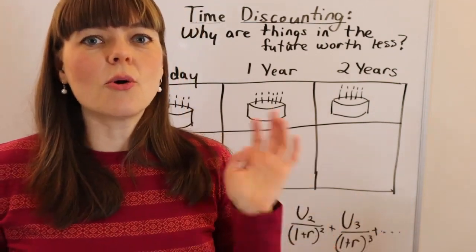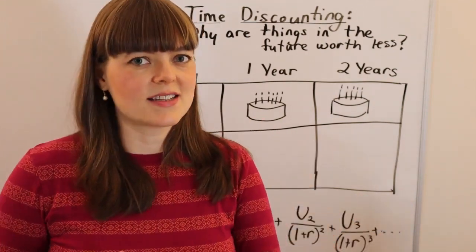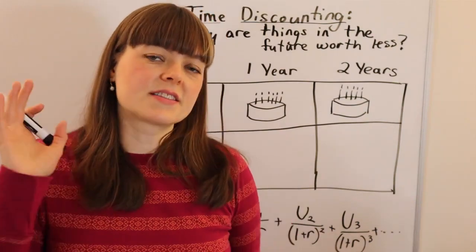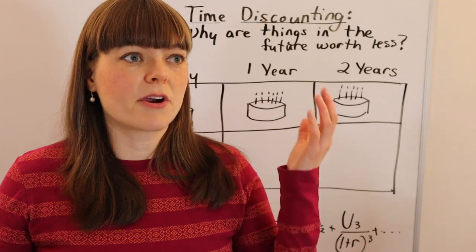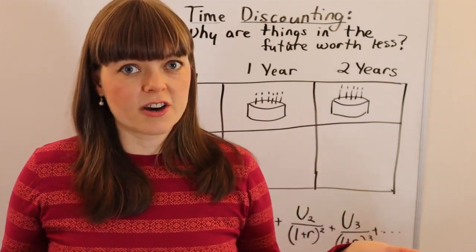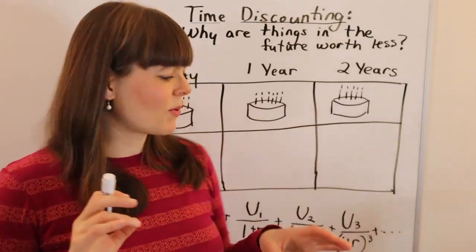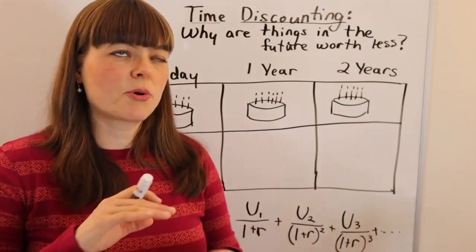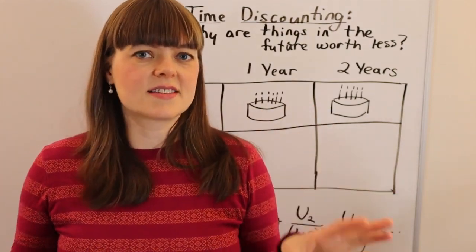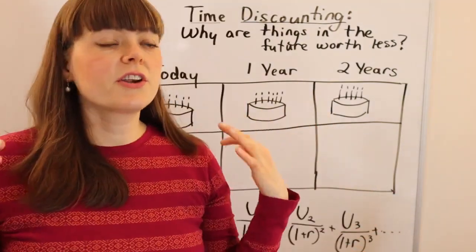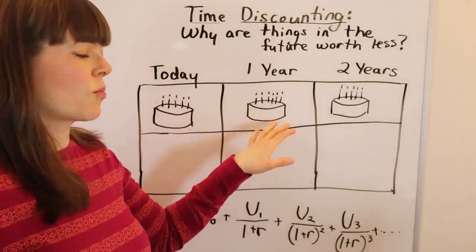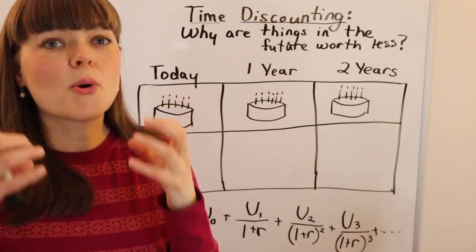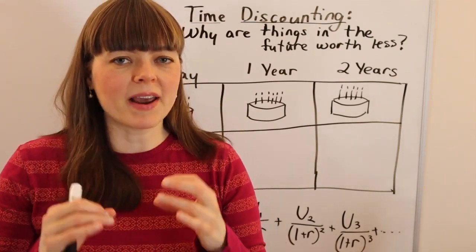And the answer is almost everybody is going to prefer the cake today. Now, what that means is that we actually need a higher utility value for the cake today compared to the cake in a year. And so essentially what time discounting is doing is it's putting all of these things in the same units, because we know that your experience of this cake is going to be the same today as in 1 year, your actual momentary enjoyment of each bite of cake.